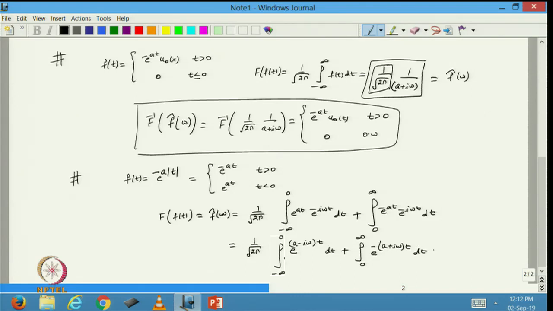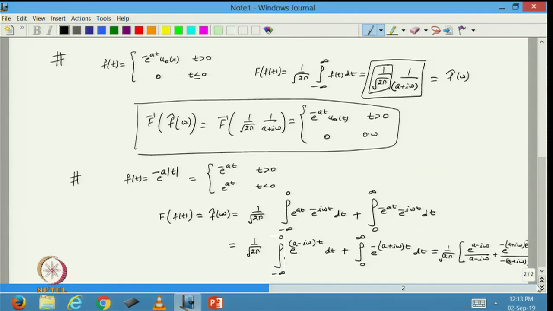and if I further solve this equation, the integral will be e raised to power a minus i omega t over a minus i omega, plus e raised to minus a plus i omega t divided by minus a plus i omega.